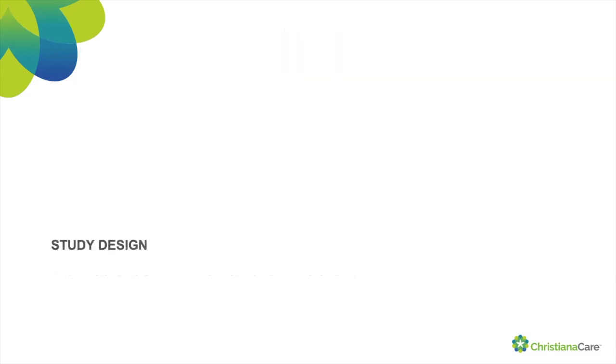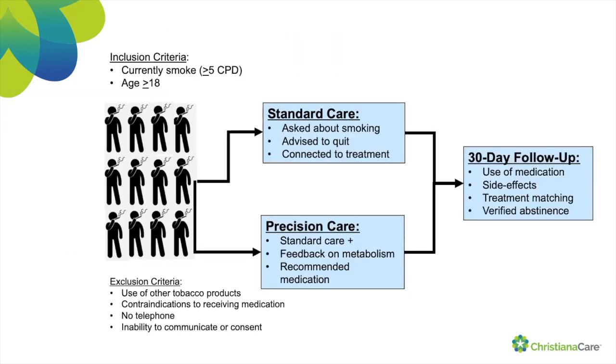Next slide. So the study design. Our inclusion criteria were very limited because, as Omar noted, this is a pragmatic trial. So we only required that our participants currently smoke, which we defined as at least 5 cigarettes per day, and were of age 18 or older.